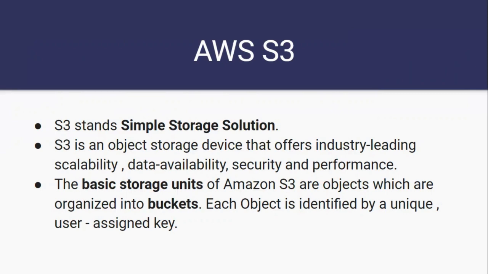The basic storage unit of Amazon S3 is objects, which are organized into buckets, and each object is identified by a unique, user-assigned key. S3 also has a mechanism to shift old data into long-term storage for cost reduction.